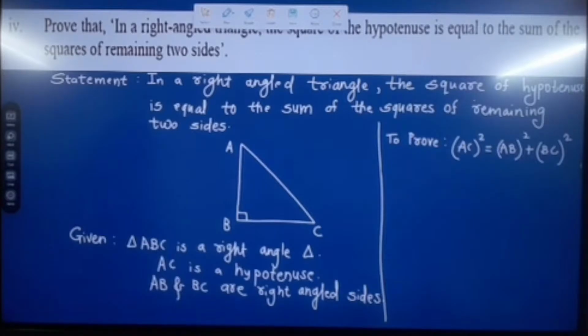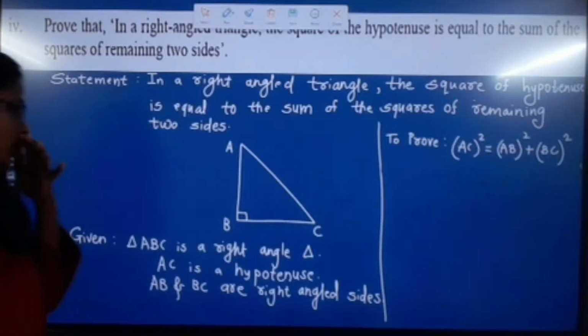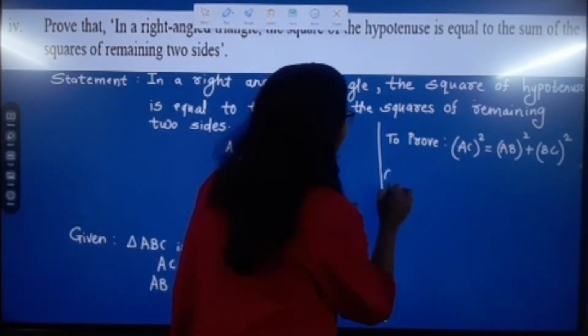See here students, first we write down that there is a construction necessary.